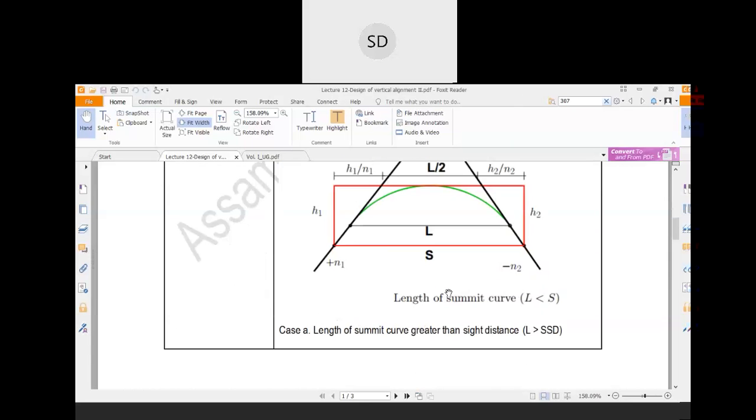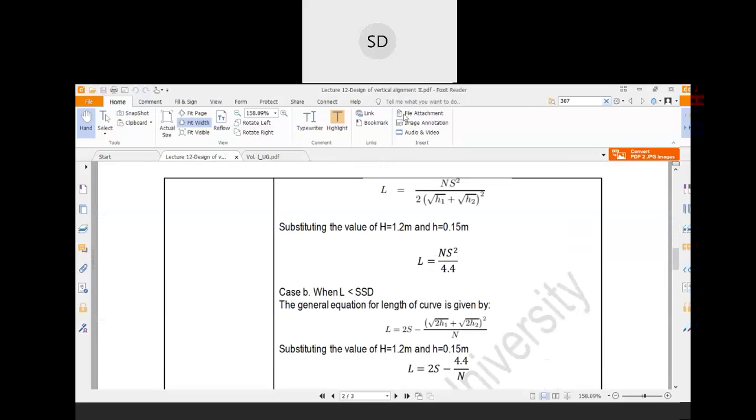Okay, so in that summit curve, as I have already discussed, you have to consider two situations. The first situation, or case A, is the length of the summit curve is greater than the sight distance. That is, you are assuming that whatever length you calculate for the summit curve, that length is more than the stopping sight distance.